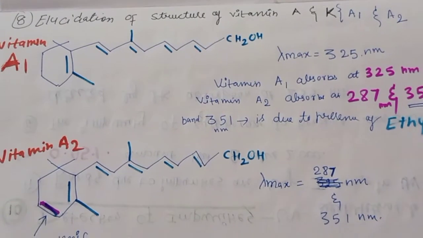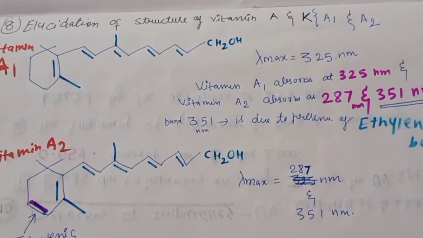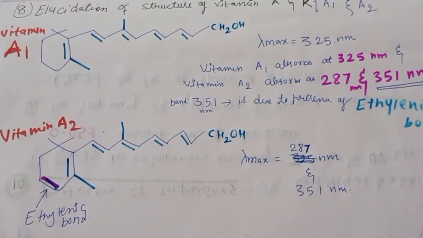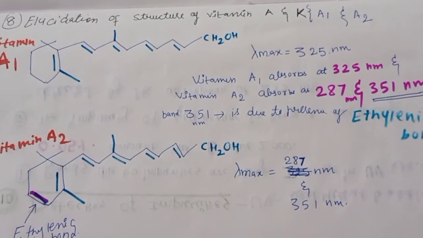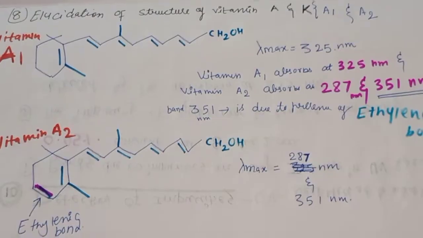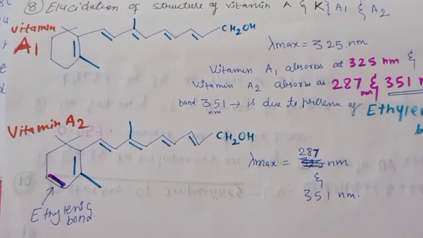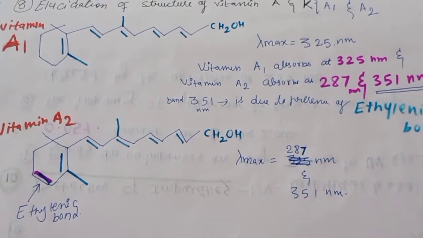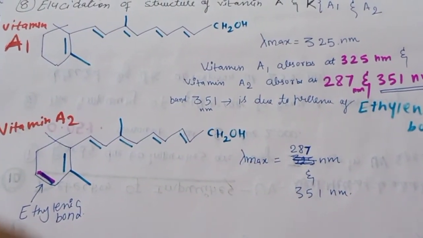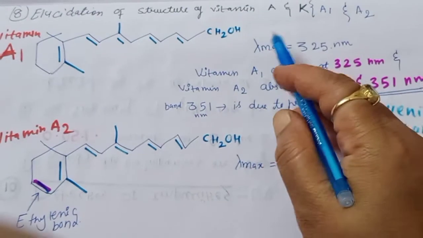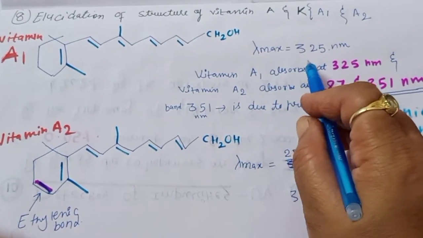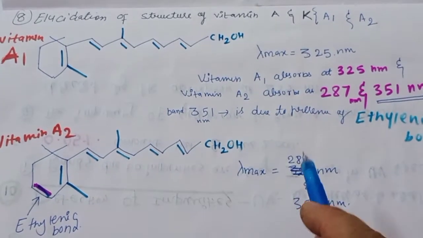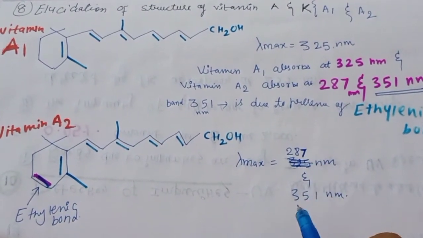Next is the elucidation of the structure of vitamin A and K. As we know, there are many double bonds, so much conjugation, in the structures of the vitamins. Here we can see the structures of vitamin A1 and A2. Both appear to be the same, but when we see their lambda max values, for vitamin A1 the value is 325 nanometer and for A2 there are two values, 287 nanometer and 351 nanometer.